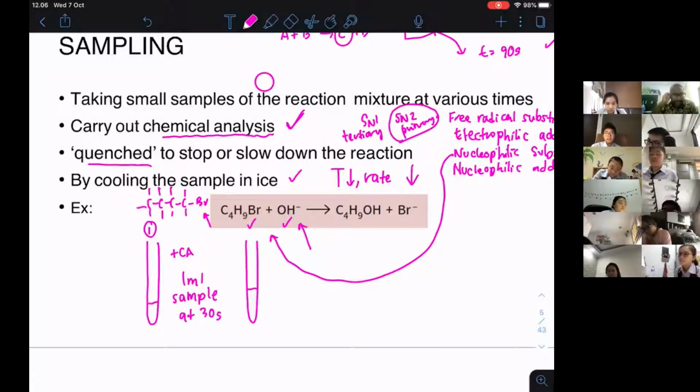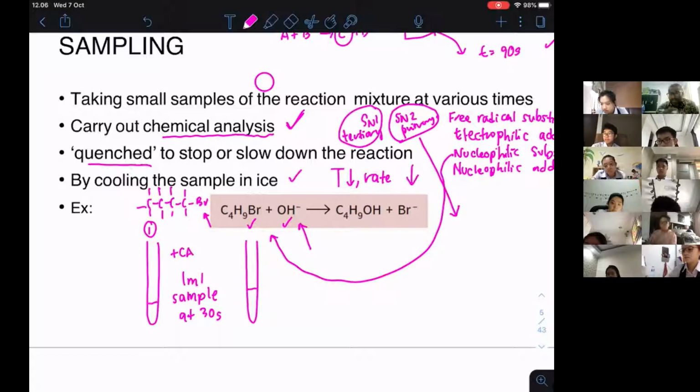If SN2, are they going to form a carbocation or are they going to form an intermediate? Aneta? Normally do remember, if tertiary, if you have more alkyl groups, the positive inductive effect is more.